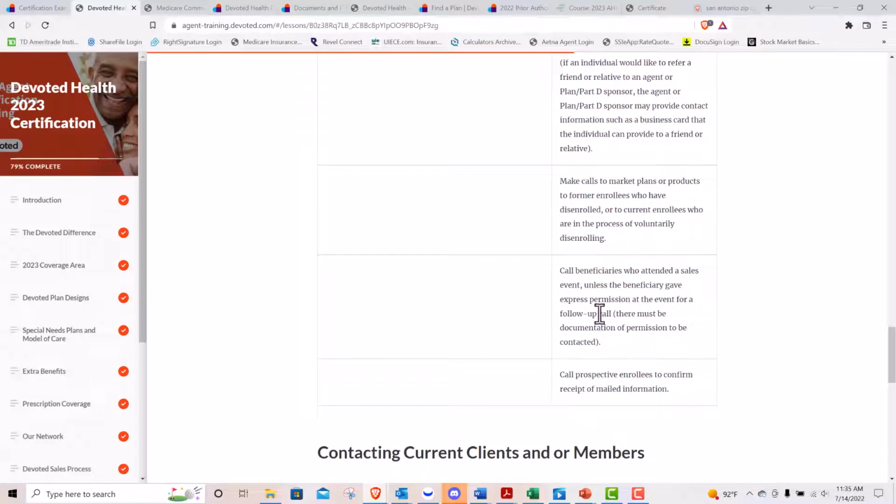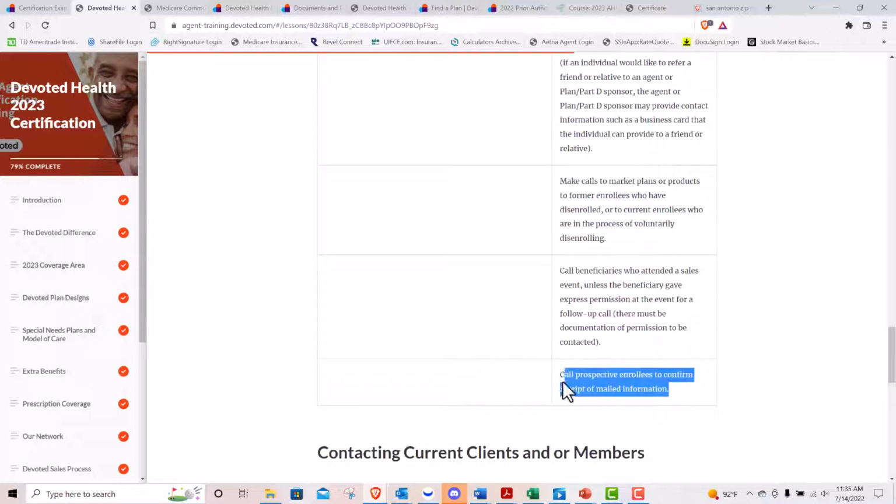So yes, you cannot call, even if you have a sign-in sheet, unless the sign-in sheet says that you will be contacted later on and there's explicit documentation of the permission to be contacted. You cannot call prospective enrollees to confirm receipt of mailed information.